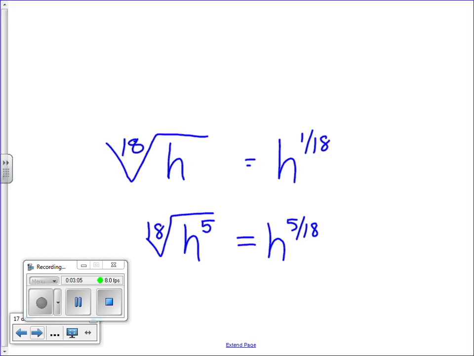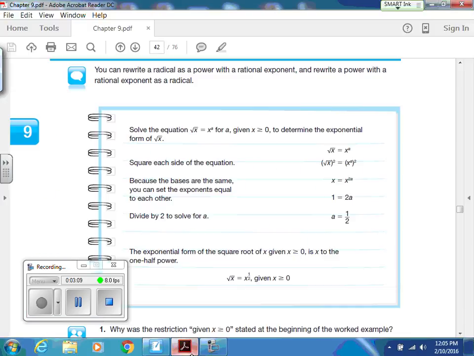Now, in your book, they give you an algebraic reason behind this, okay? It says the square root of x equals x to the a. So to get rid of a square root, you square both sides.